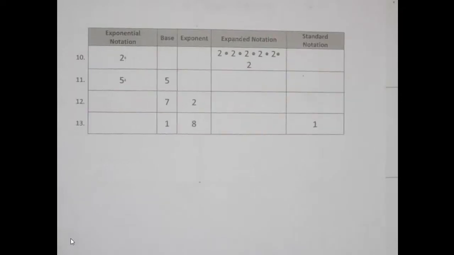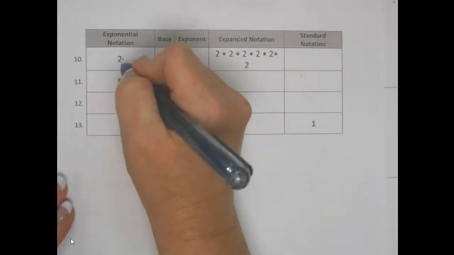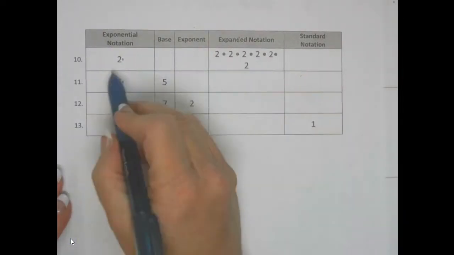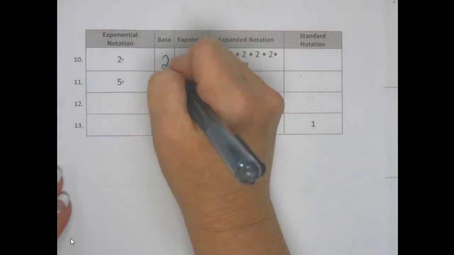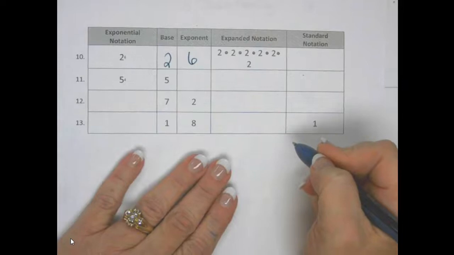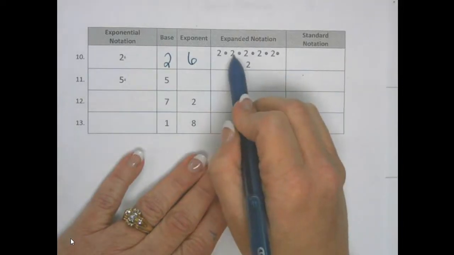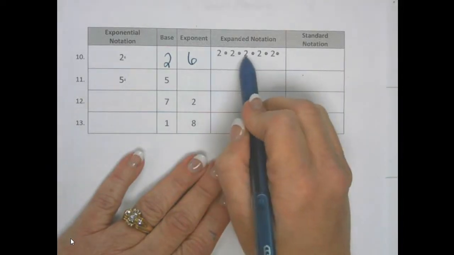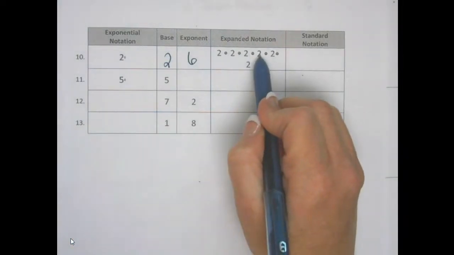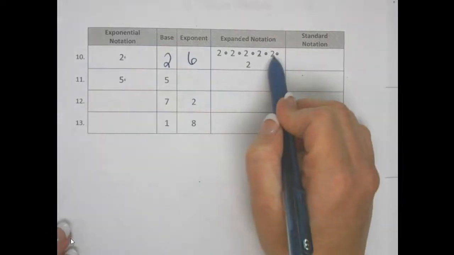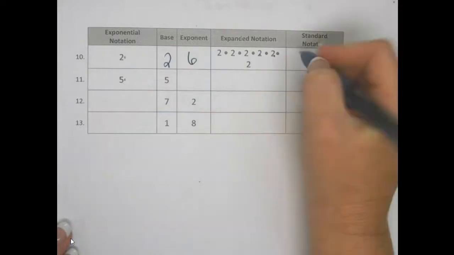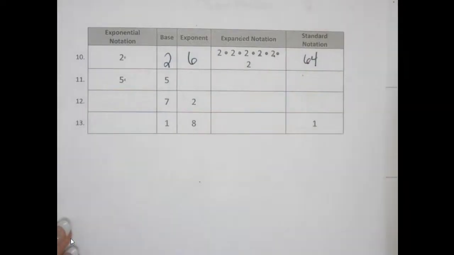Number 10. This is 2 to the 6th power. My base is 2. My exponent is 6. 2 times 2 is 4, times 2 is 8, times 2 is 16, times 2 is 32, 32 times 2 is 64.